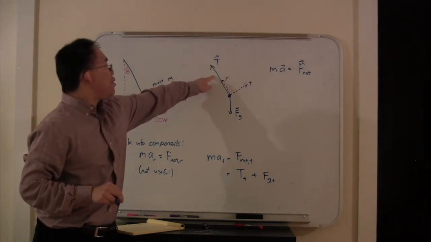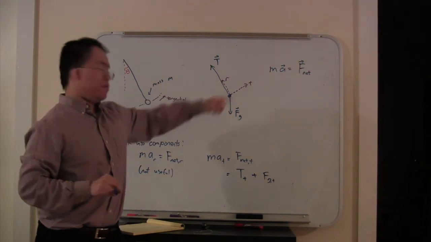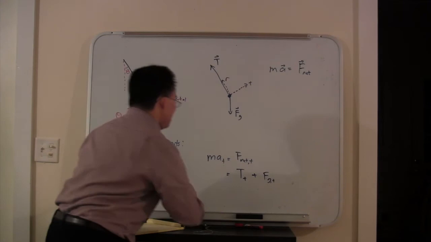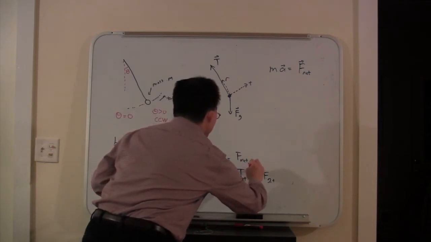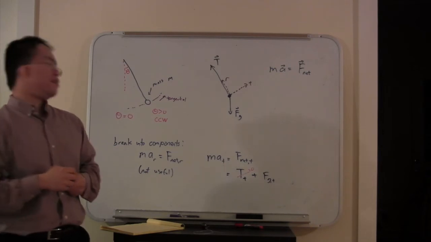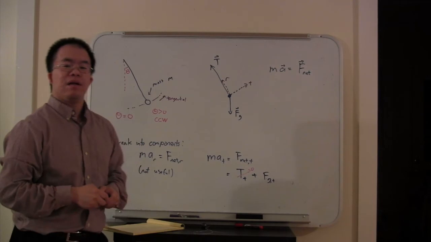Notice, however, that the tension by the string only points in the radial direction. So this component actually goes to 0, and all we have to think about is the tangential component of the gravitational force.